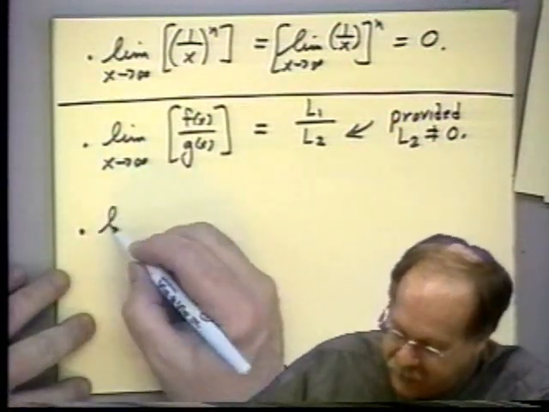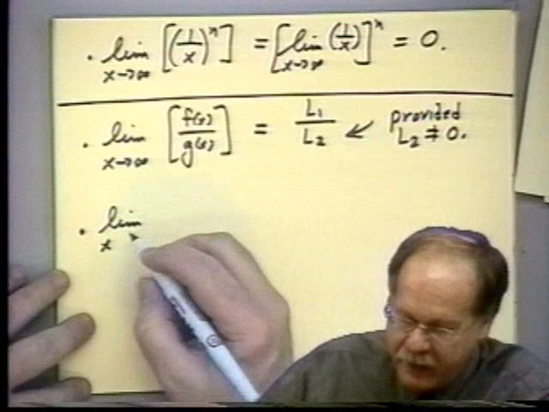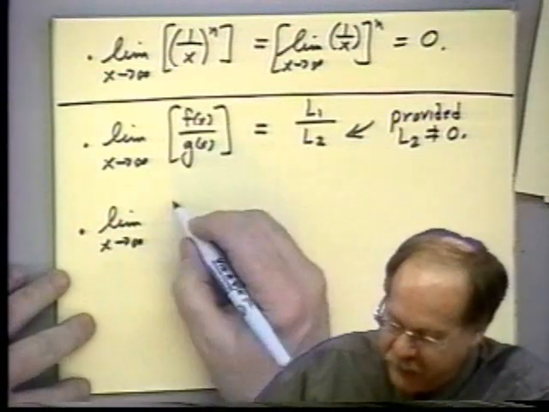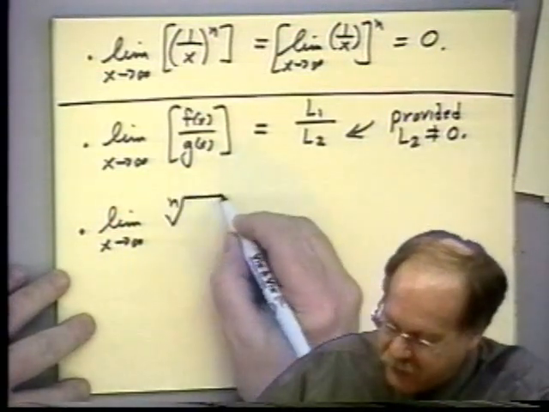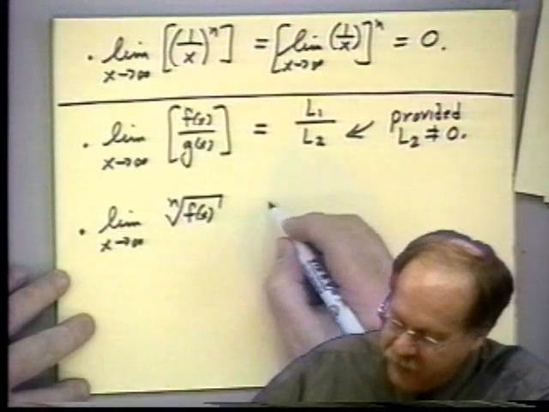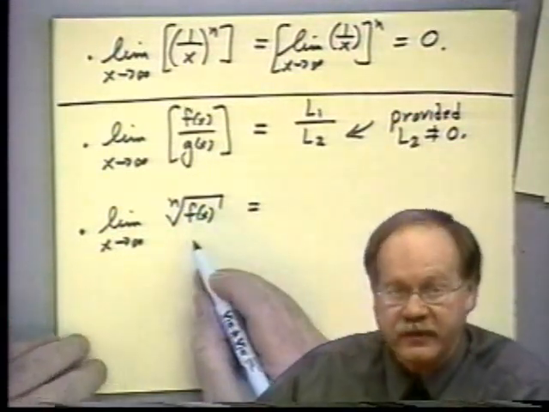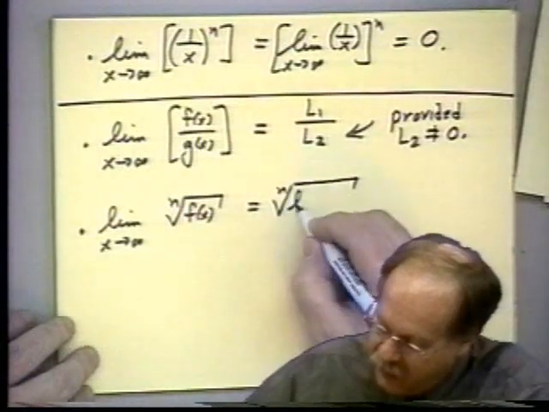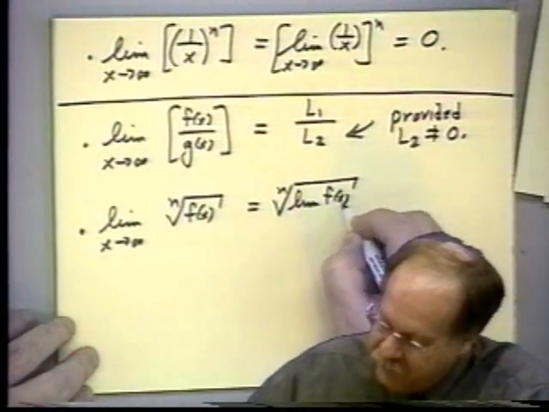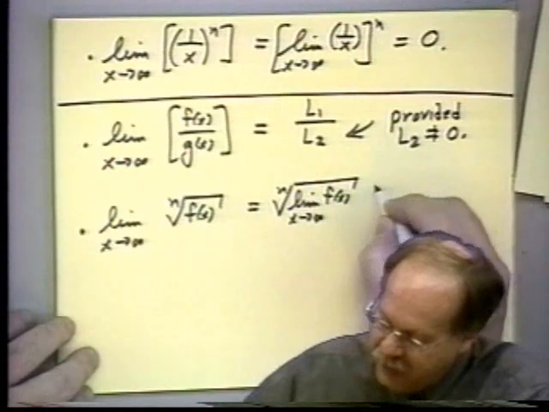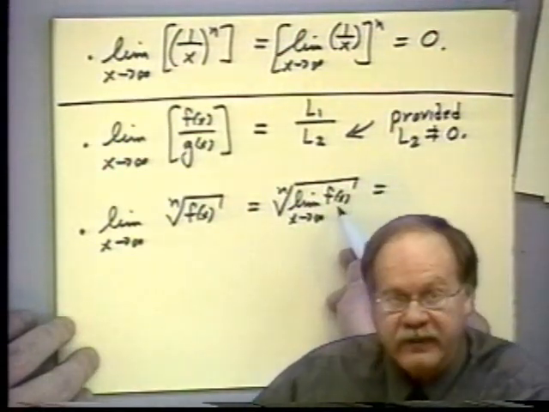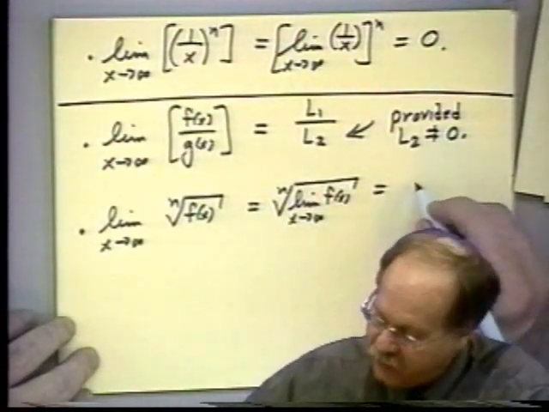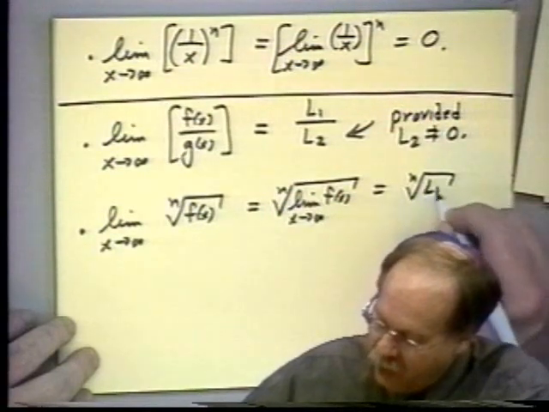And finally, in our arithmetic operations, we want to know what happens when you take roots. And this is exactly what you would expect also. If we have the nth root of f of x and we want the limit as x goes to infinity, then that's going to give us the nth root of the limit of f of x as x goes to infinity. And since L1 is the limit of f of x, this becomes the nth root of L1.